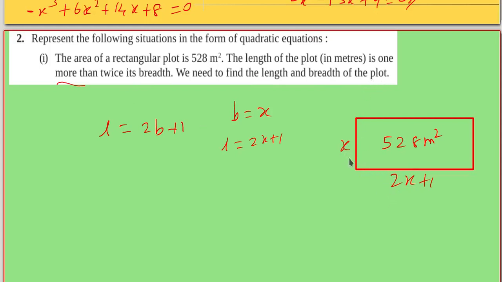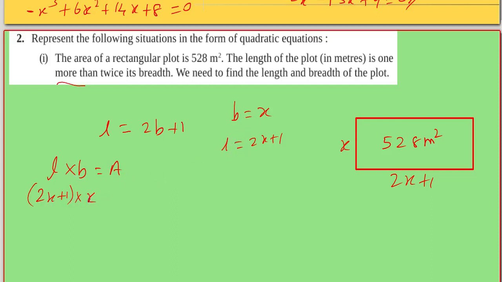So if we solve and find the value of x for this quadratic equation, we will get length and breadth. So what is the area of the rectangle? Area of the rectangle is length into breadth, isn't it? So what is the length? Length is 2x plus 1, into breadth. What is the breadth? It is x.